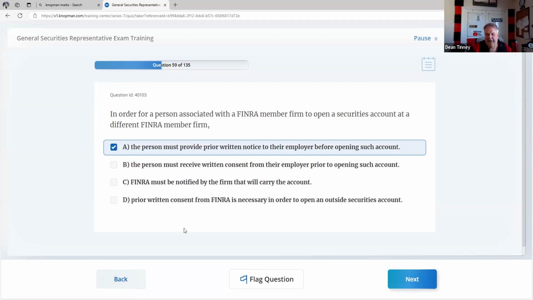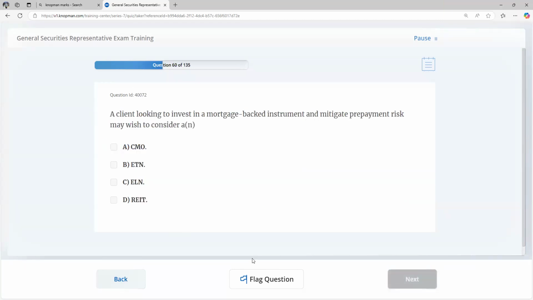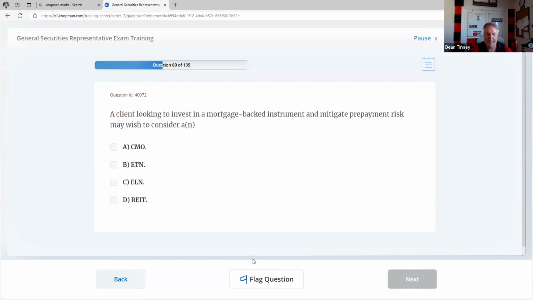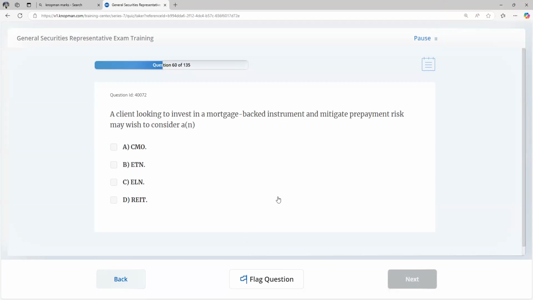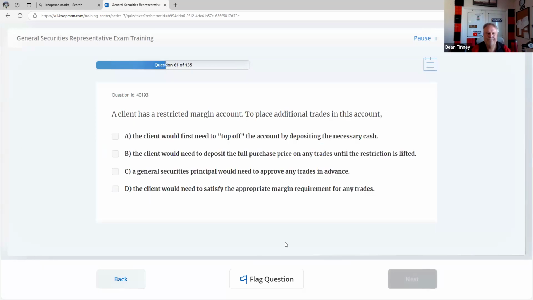And then what happens is they will follow any instructions they receive from your employing firm. Okay. A client looking to invest in a mortgage-backed instrument and mitigate prepayment risk should consider a CMO. Yeah, that's the whole point of carving it up, right? Some people have less prepayment risk, some people have more.